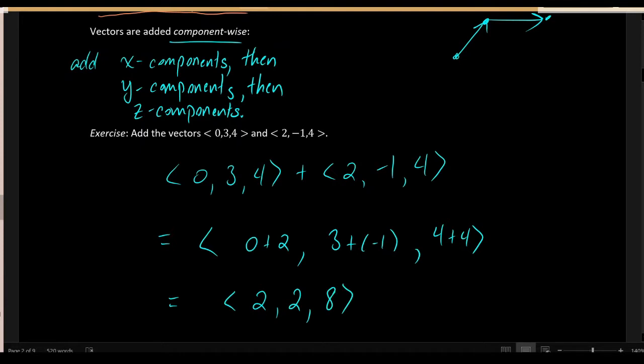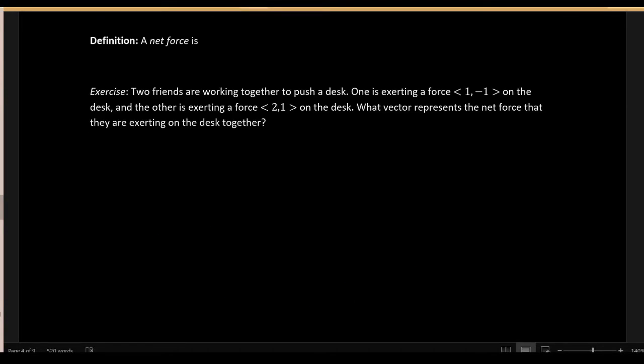Now to roll back to the example that we had about two forces being combined, about two friends pushing against a desk at the same time, we have the physics definition net force. A net force is just a force that results from a combination of multiple other forces.